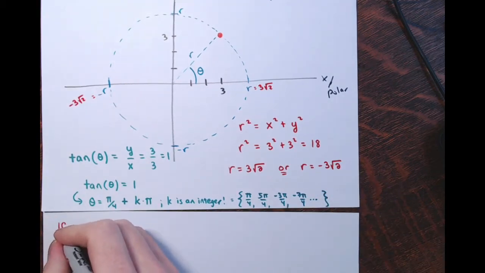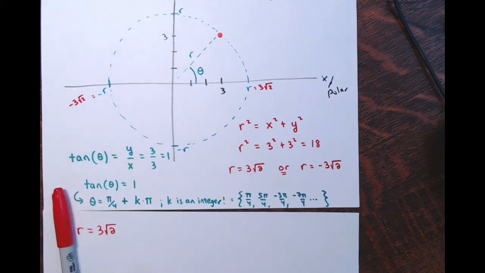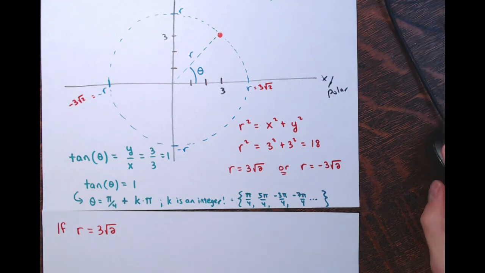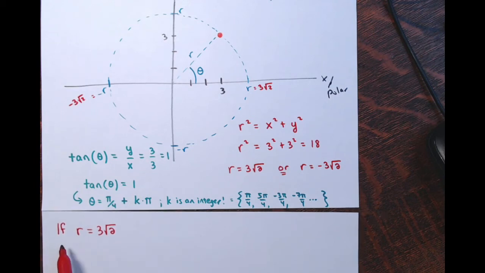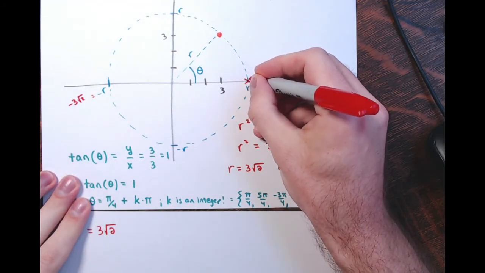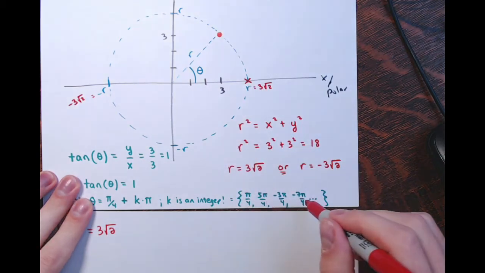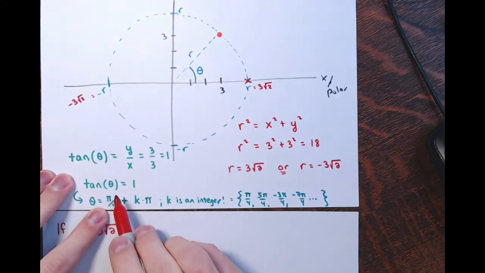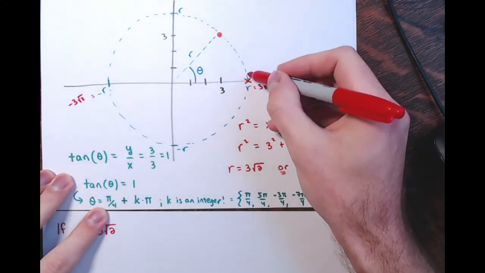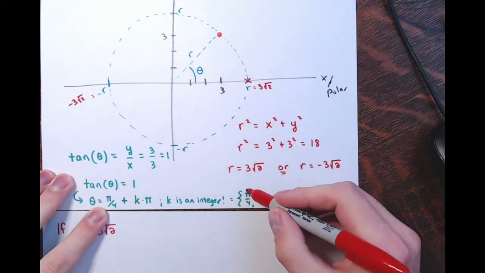If r equals the positive 3 root 2, it means we're starting over here, at positive 3 root 2 on the polar axis. And then think of what solution to this equation, tangent of theta equals 1, would take me to this point. So if I start here, how about pi over 4?